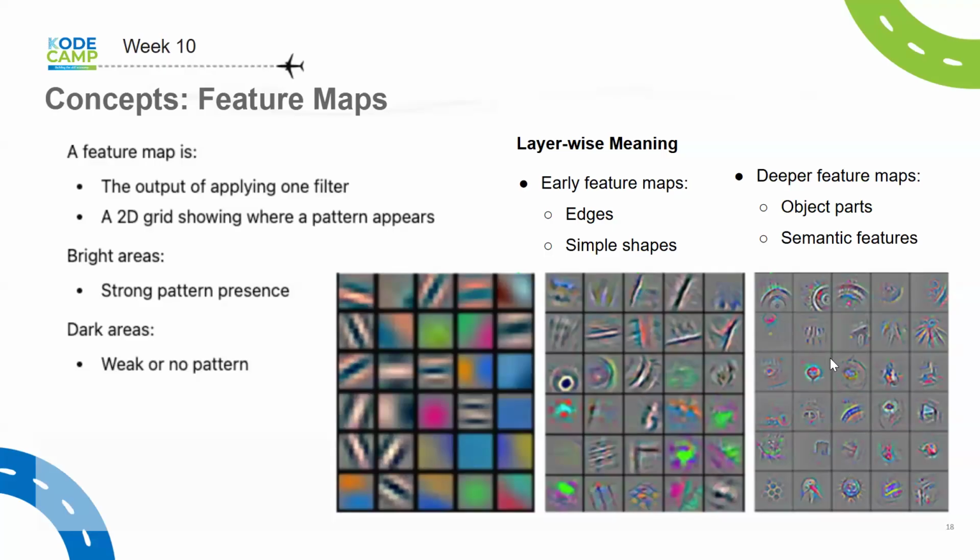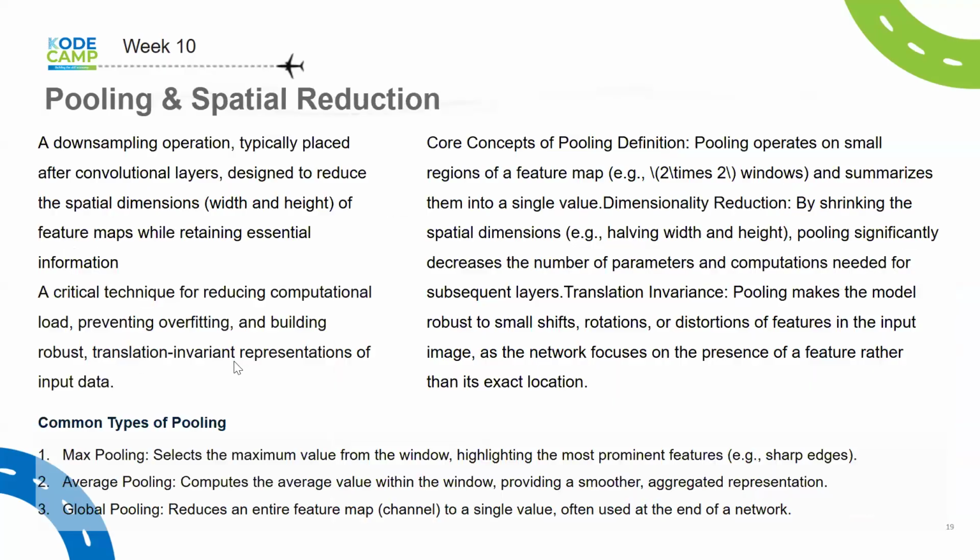That is not to say that there is actually a picture in each of the feature maps. They're actually still numbers, but those numbers have meaning. The researchers who generate these visualizations use special methods to do so. So in early feature maps you see the edges and simple shapes; in deeper feature maps you see the object parts and the semantic features.